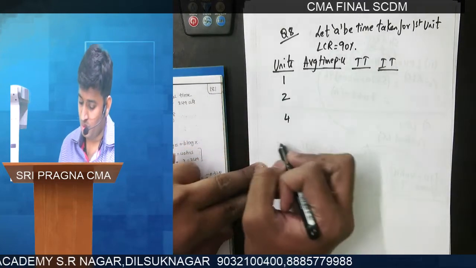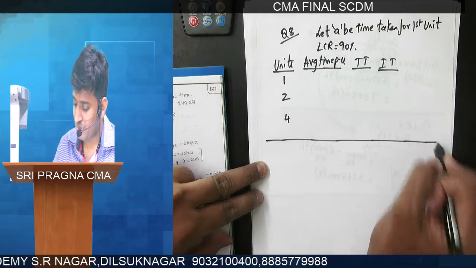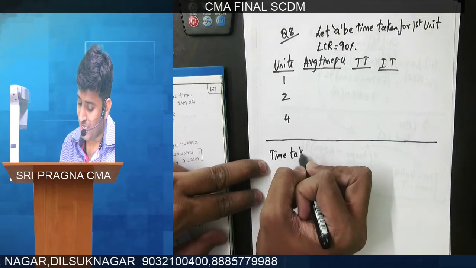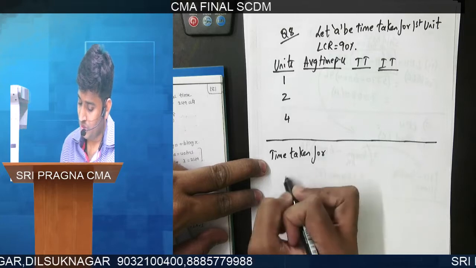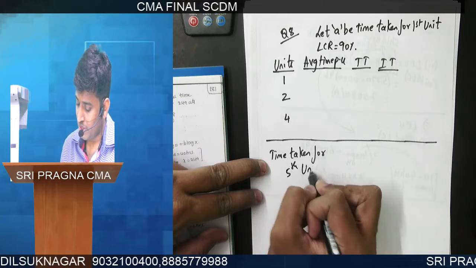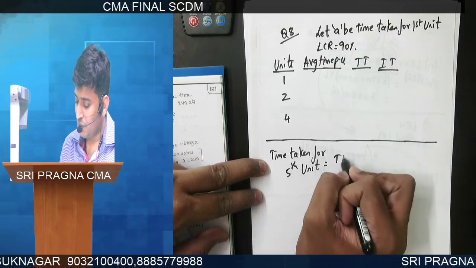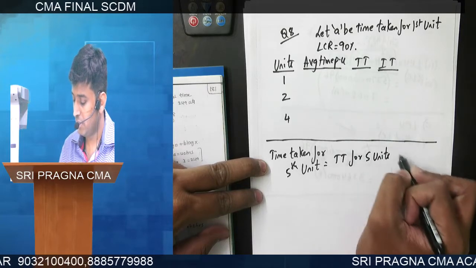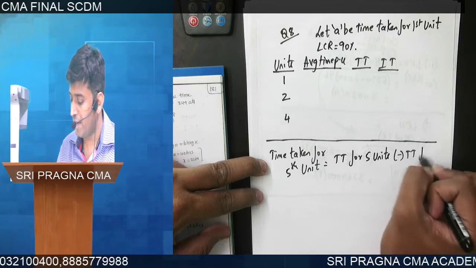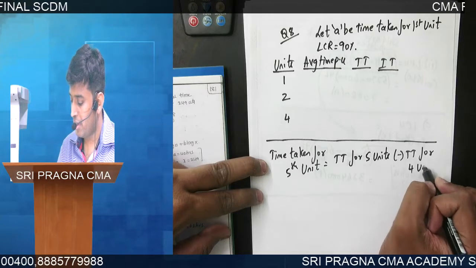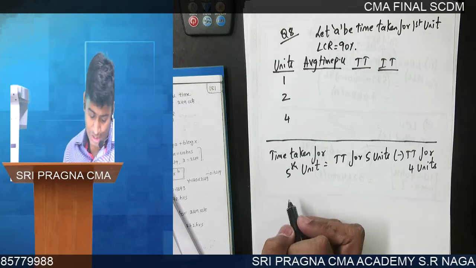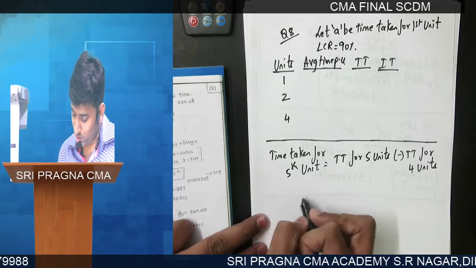ठीक है. Before that, time taken which unit के लिए दिया हूं? 5th unit. Can I write total time for 5 units minus total time for 4 units? ఇది రాయచ్చా? ఇది ఎంత ఇచ్చాడు? 12.